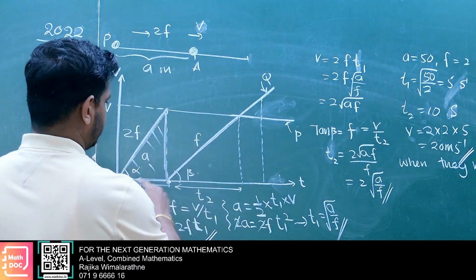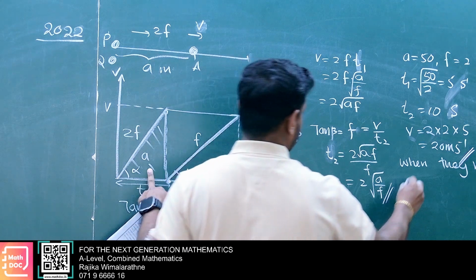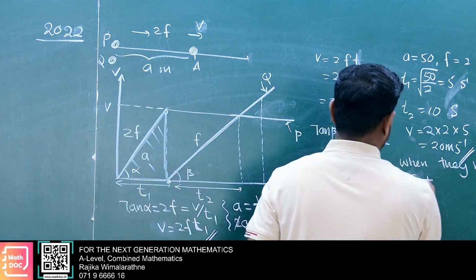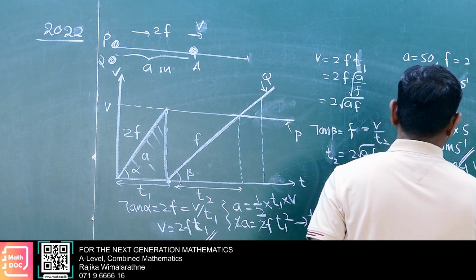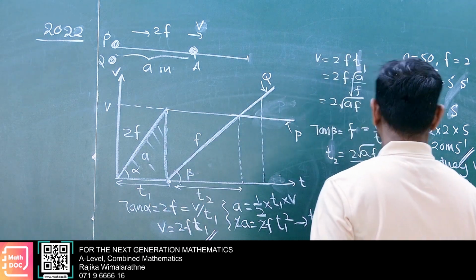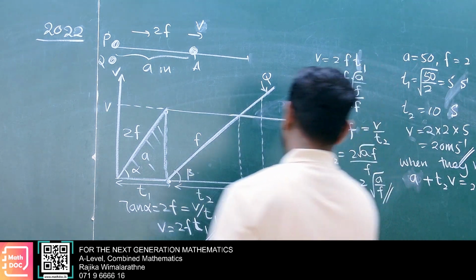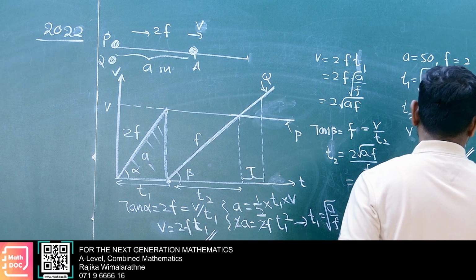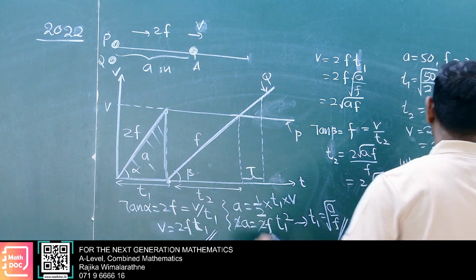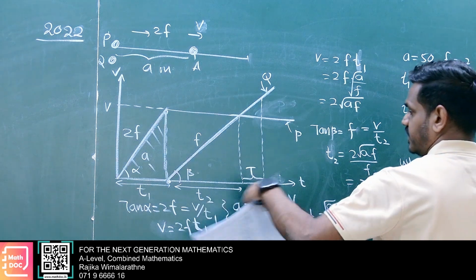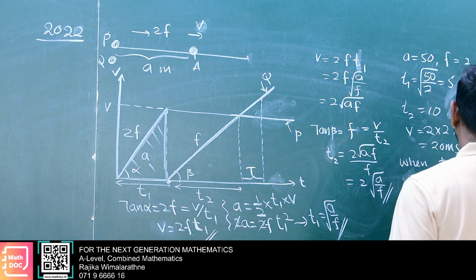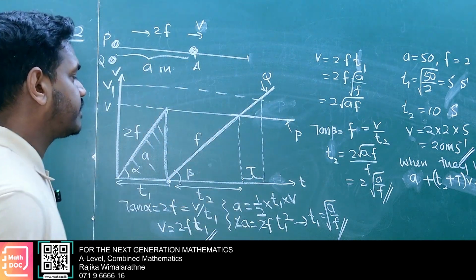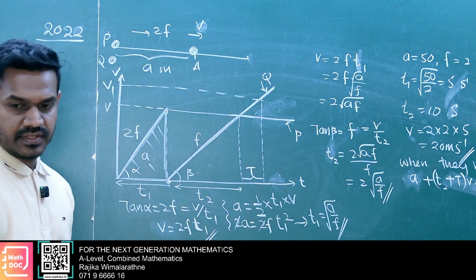Here take displacement A, 50, plus T2 into V, equal to the area of Q: half into T2 plus capital T, into V1, where V1 is the velocity at that time. Then simplify that.